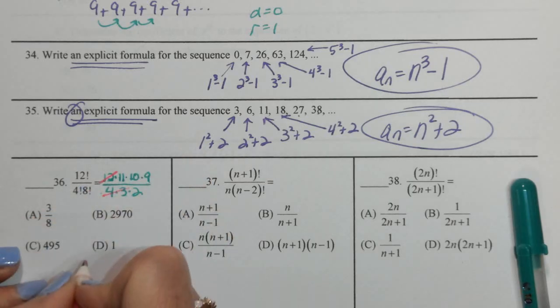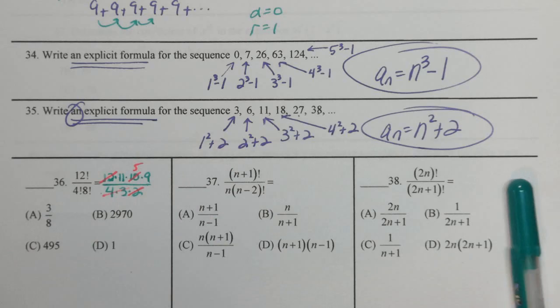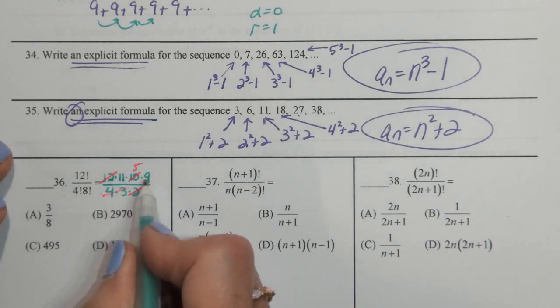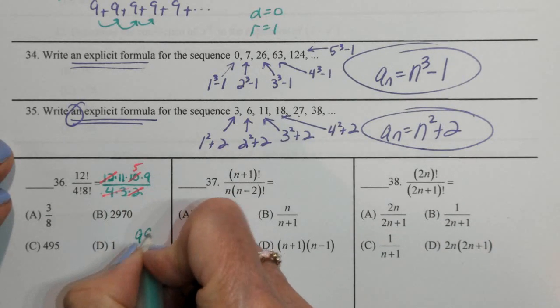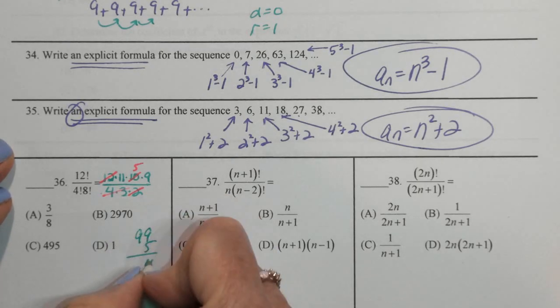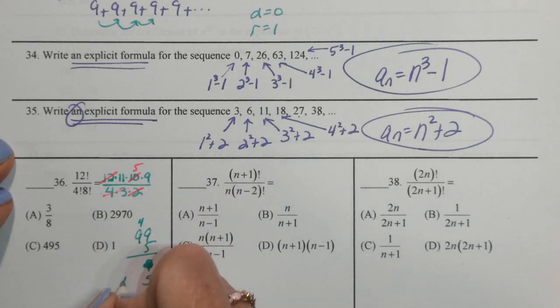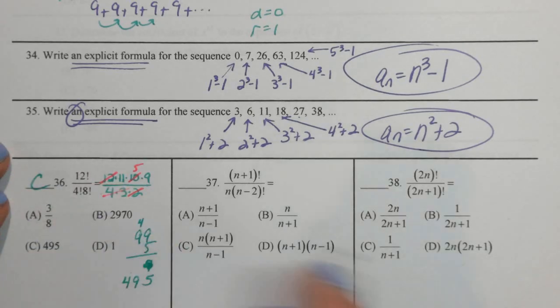Reduces with that 12. 2 goes into 10 5 times. So let's see. I have 99 times 5. 9 times 5 is 45. Carry the 4. 45 plus 4 is 49. So 495 would be that expression simplified.